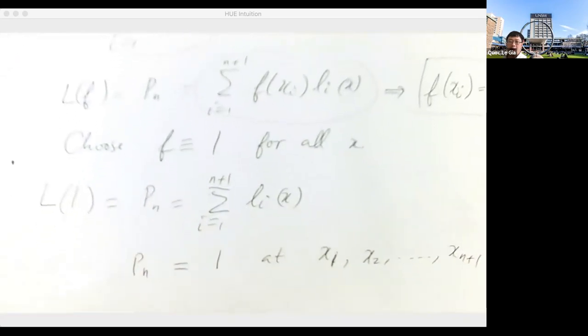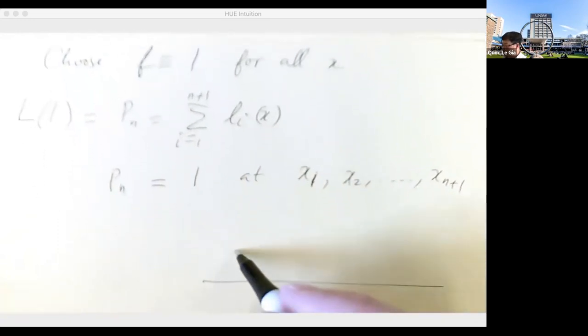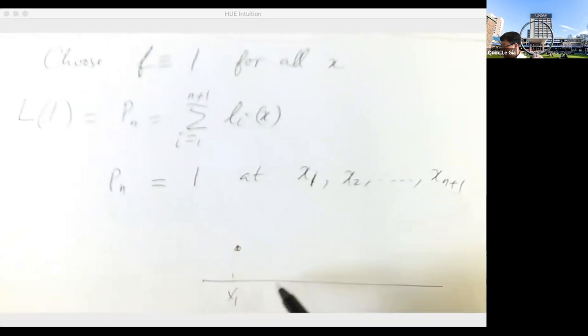So essentially you just have a function Pn, and it equals 1 here at x1, x2, up to xn plus 1.